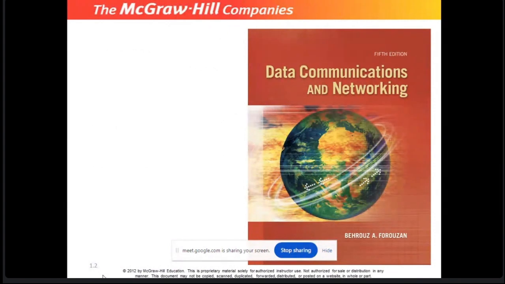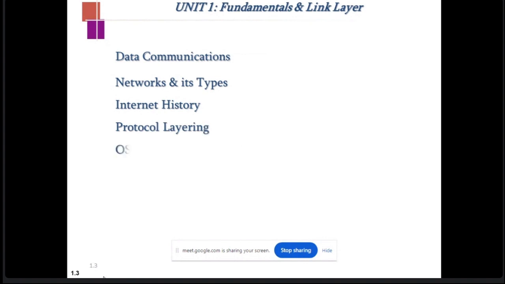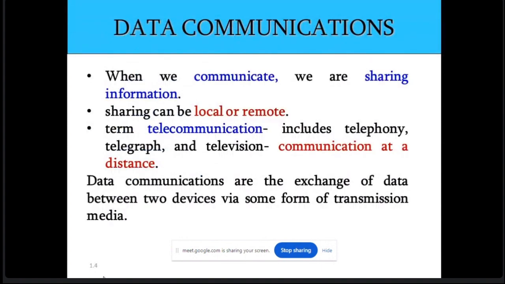These are the textbooks we are going to refer to, and for this presentation, I got the material from the Rosam site. Please make use of it. So Unit 1: data communication, networks and their types, internet history, protocol layering, OSI layers, error detection and correction. Let us start with data communication.